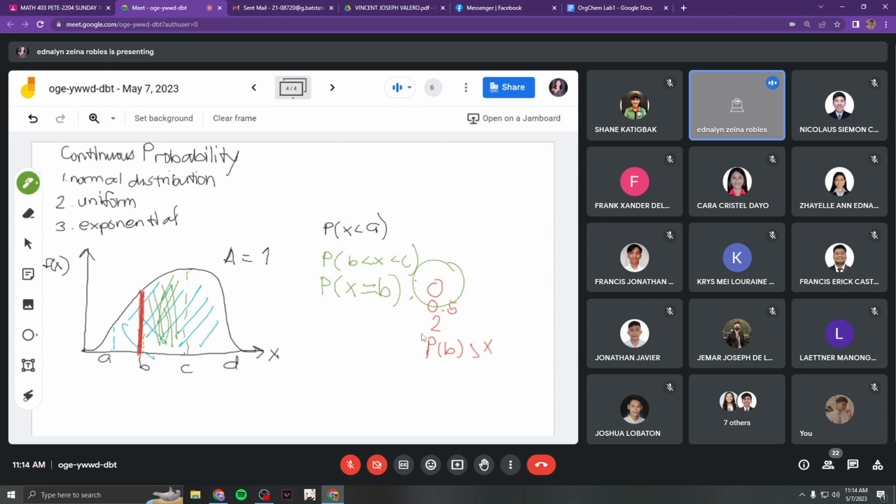Because remember, that probability must always be greater than or equal to 0. We do not have negative probability. And si probability ng B is 0 because we do not have range values. We do have only line at B. Thus, the area of B is equal to 0. So, sino nga yung nagsagot ng 0?